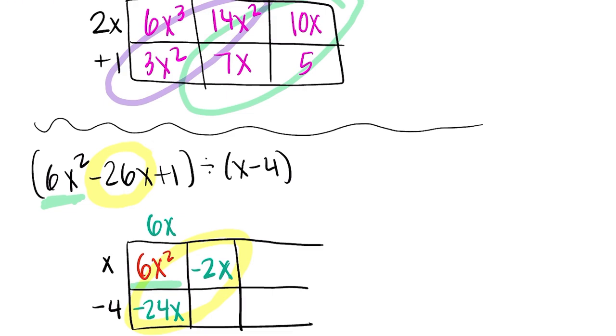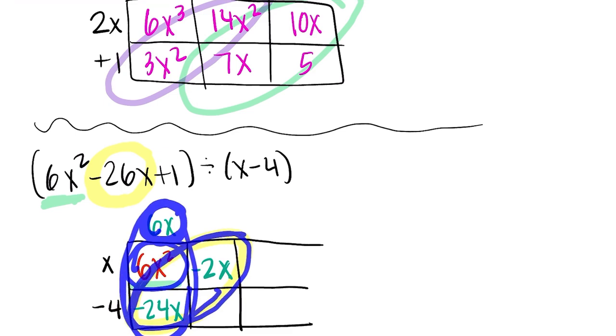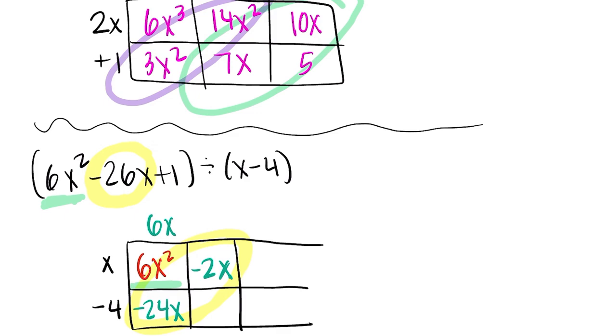So the diagonals are your like terms. Once we figure out the first column, we'll use the diagonals to help us start on the second column. And then we're just going to repeat this process until we run out of numbers to work with. So then I'm going to look right here. If I multiply the top by an x, we should get a negative 2x.